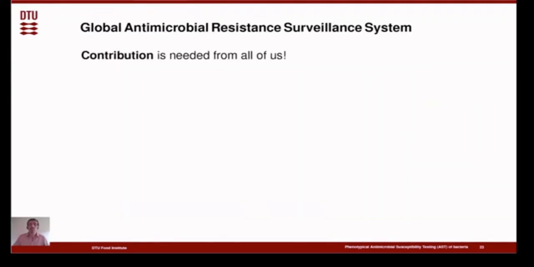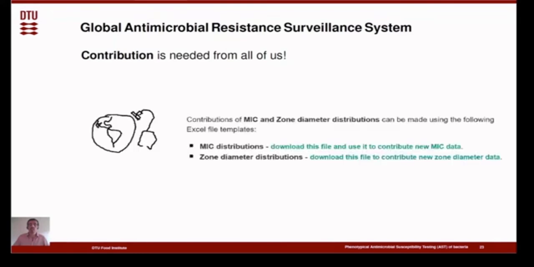It's also important to remember that we all need to contribute to these global antimicrobial resistance surveillance systems. EUCAST, for instance, is encouraging us to submit MIC distributions so we have more information and can make more accurate breakpoint tables, or detect whether there is an emerging resistance.